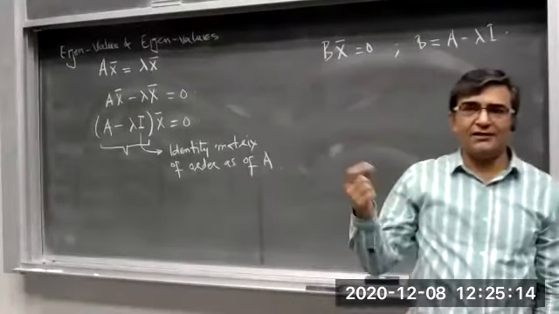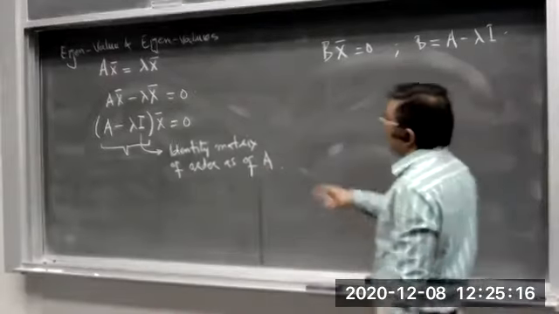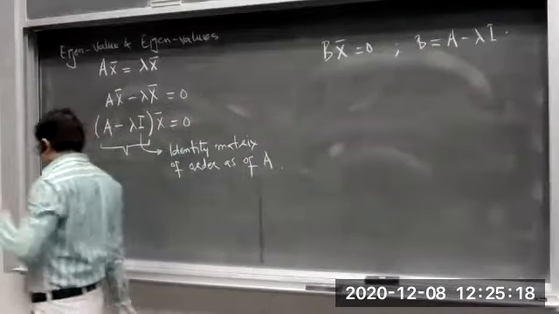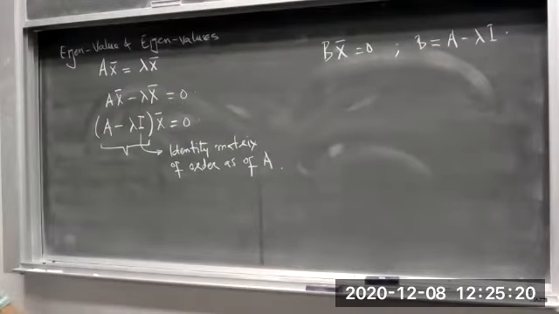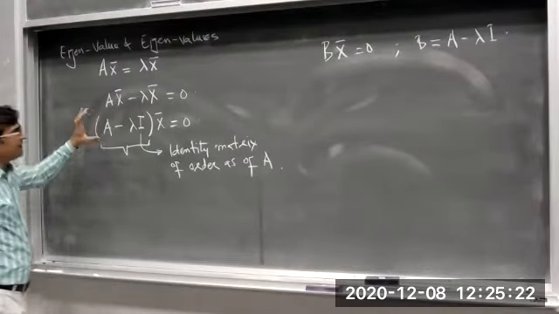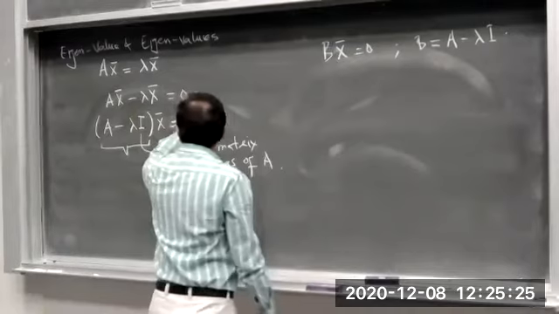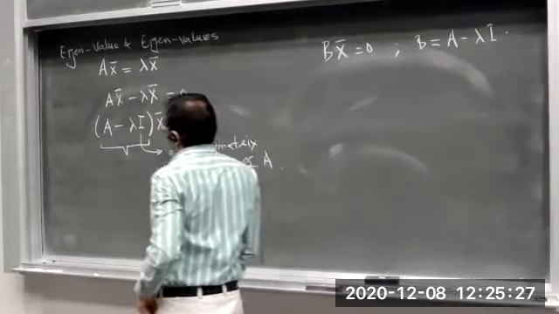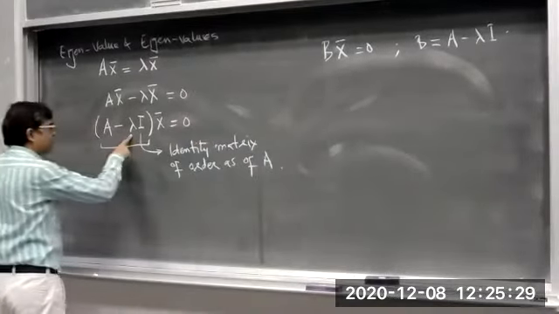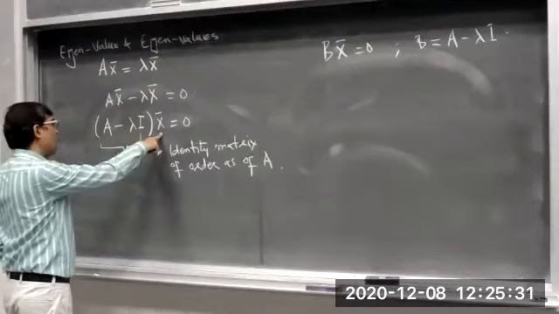In order to solve that system, we obtained such an equation, and I told you that we can use this equation in order to find lambda, which is the eigenvalue, and X, which is the eigenvector.